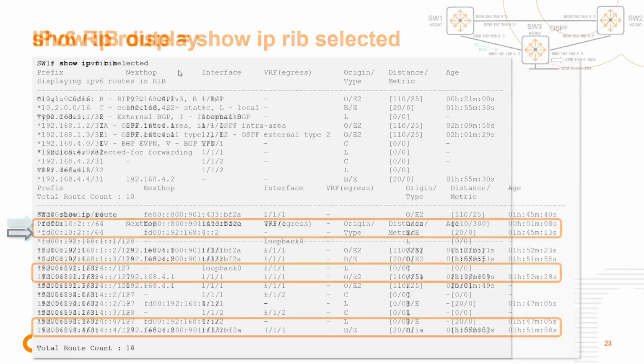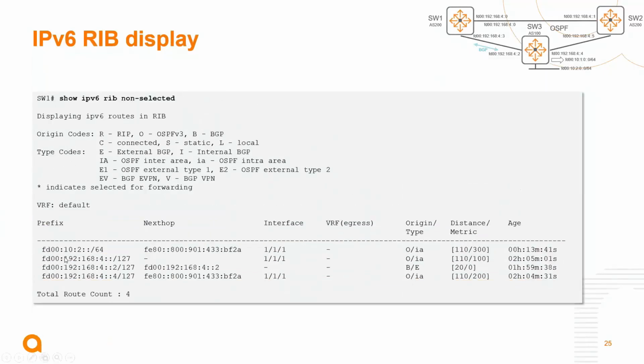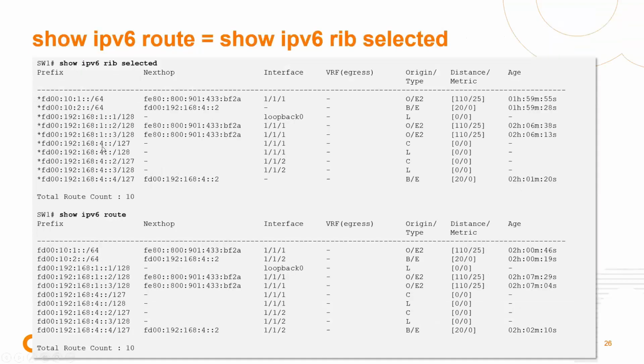For IPv6, this is exactly the same principle. So you will also see in IPv6 the non-selected routes. And as well for IPv6 routes, you will see that show IPv6 RIB selected will provide you the same output as the show IPv6 route.